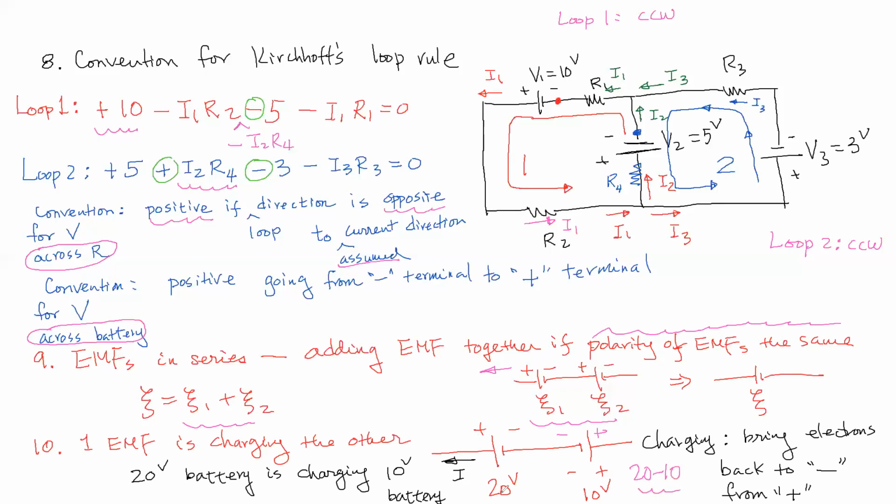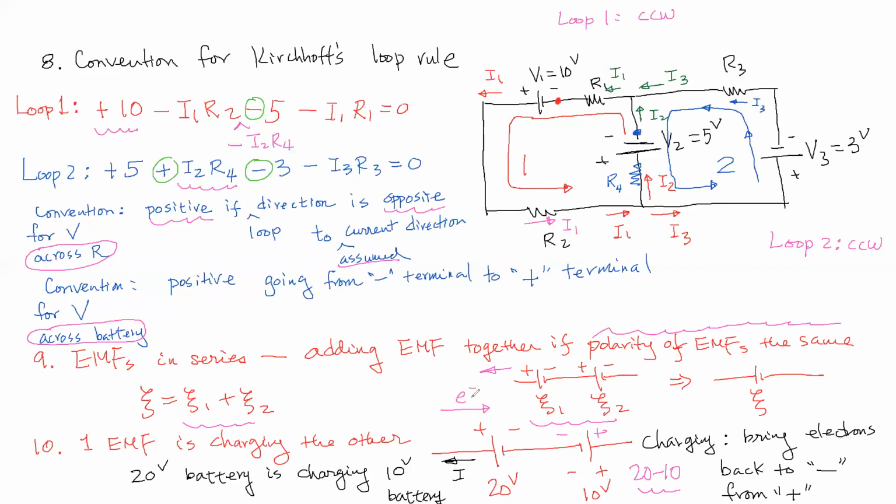Okay. So in this case, one EMF is actually charging the other: the larger one, the 20 volt battery, is charging the 10 volt battery. So what does that mean? It means that our current going in this direction means the electron flow is going in this direction, right?